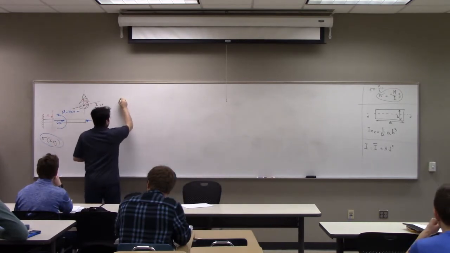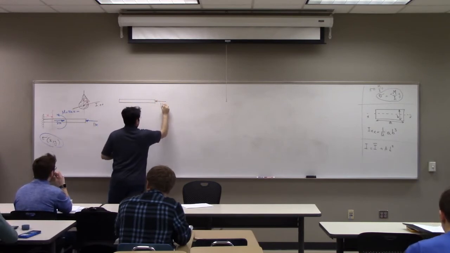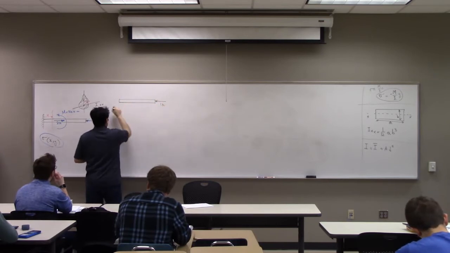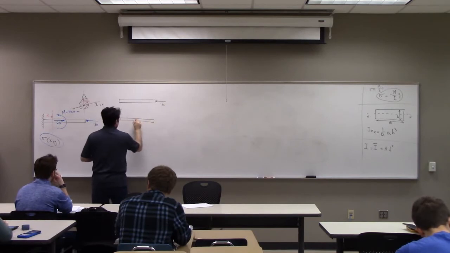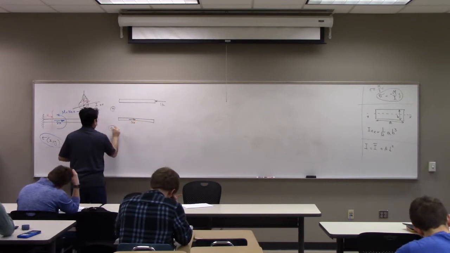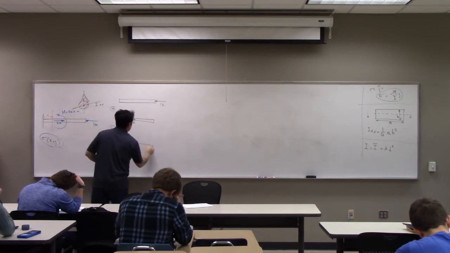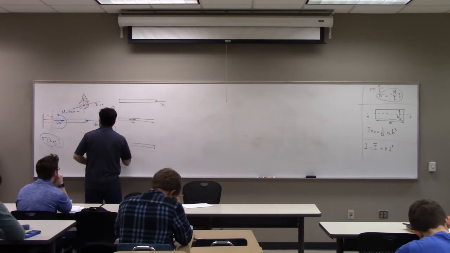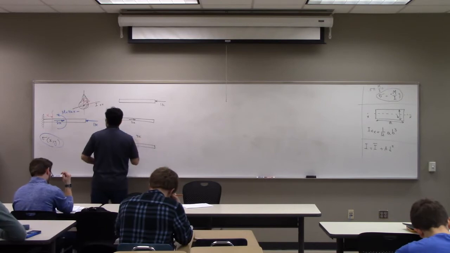So one problem is when you only have 1K here, plus when you have 2K this way, plus, let's say 2K, and then the last one is, when you have a bending moment, 3K this way.